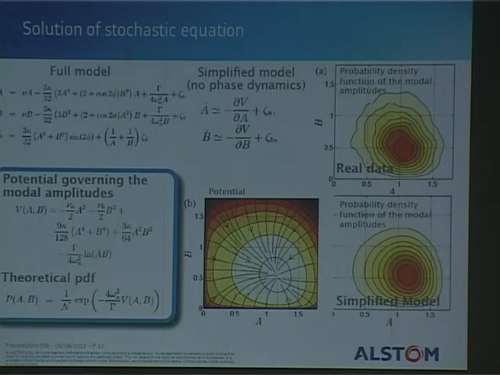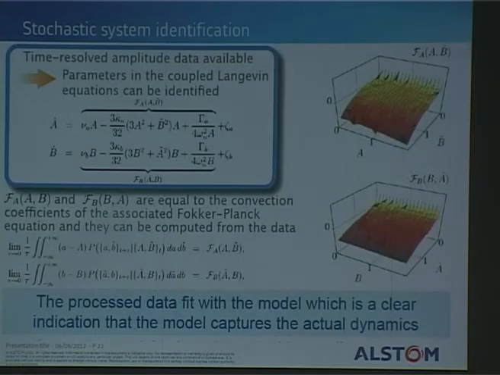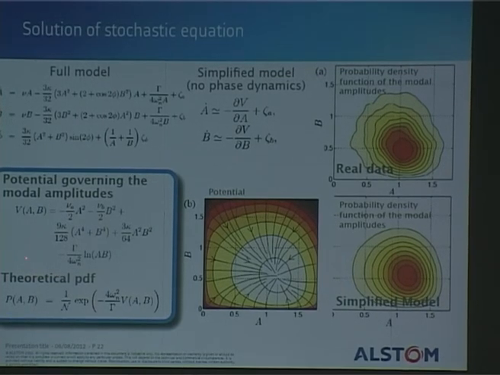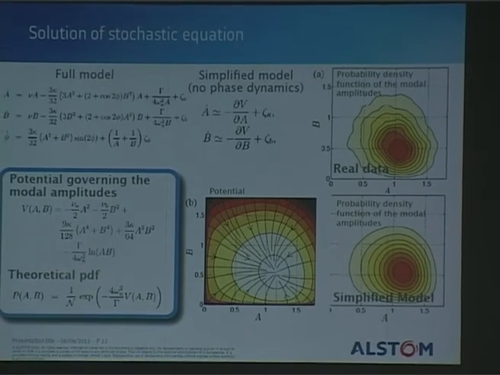And now we can solve these, because these are basically multi-dimensional probability density functions. We can solve for these probability functions analytically. We need to make some assumptions, and I won't go into that because we're running short on time. But if we do that, then we compare these distributions for the real data with the analytical solutions of these reduced equations.